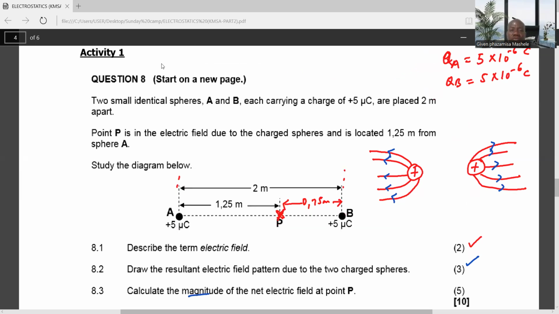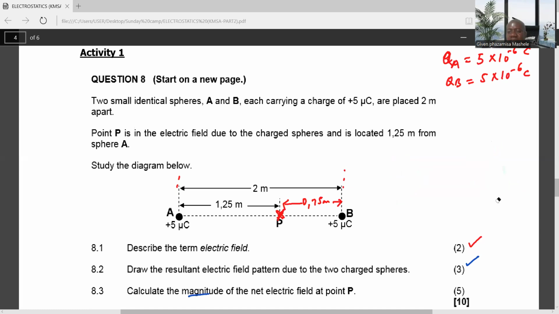This is what you're going to do all the time. If they ask you to determine the electric field at a point, you must place a test charge at that point. Why do we have to place a test charge at the point? For us to know the direction of the electric field at that point.